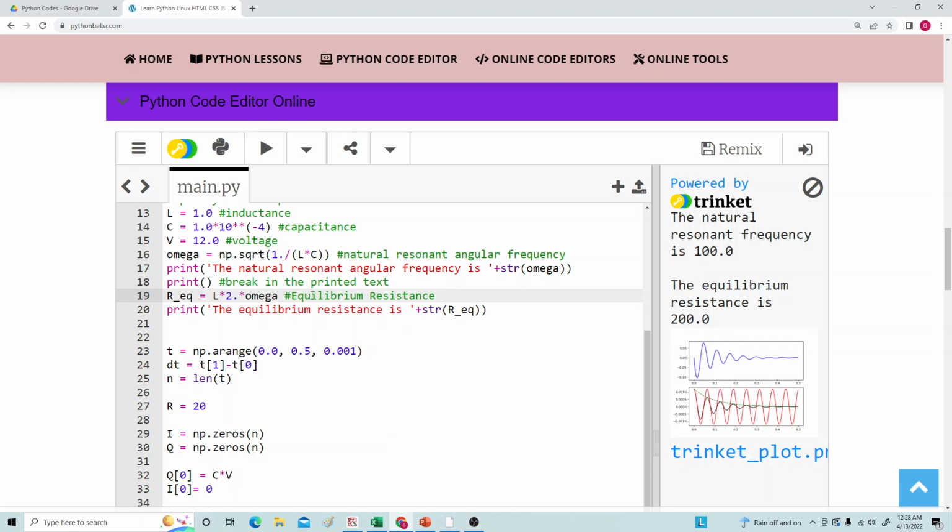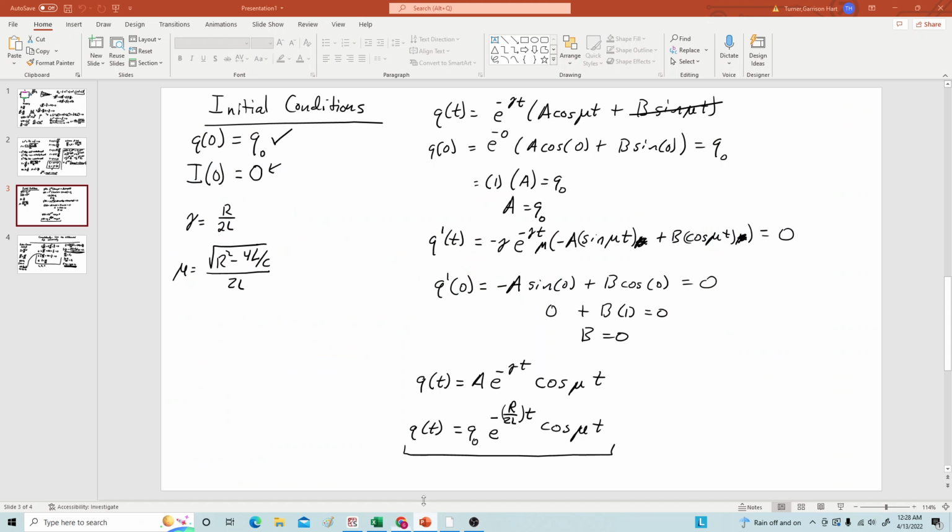Remember that omega is 1 over square root LC. And so if I were to write this in terms of the angular frequency, 1 over LC, then I would multiply both the top and the bottom by L, and I would get 4L squared over LC.